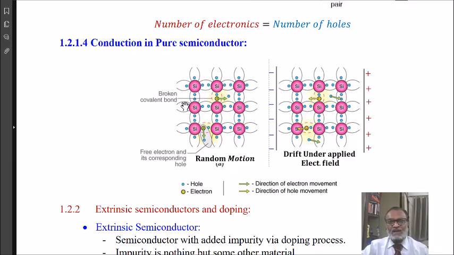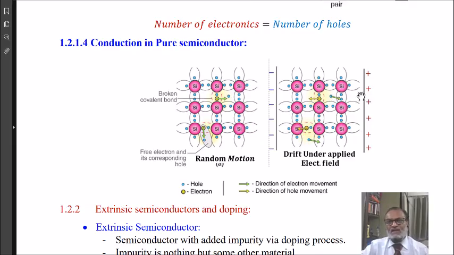When we apply a specific potential as shown in this figure 2, the right end is positive and the left end is negative for the material. Then, due to this applied electric field, the electrons are moved by the electric field created force.